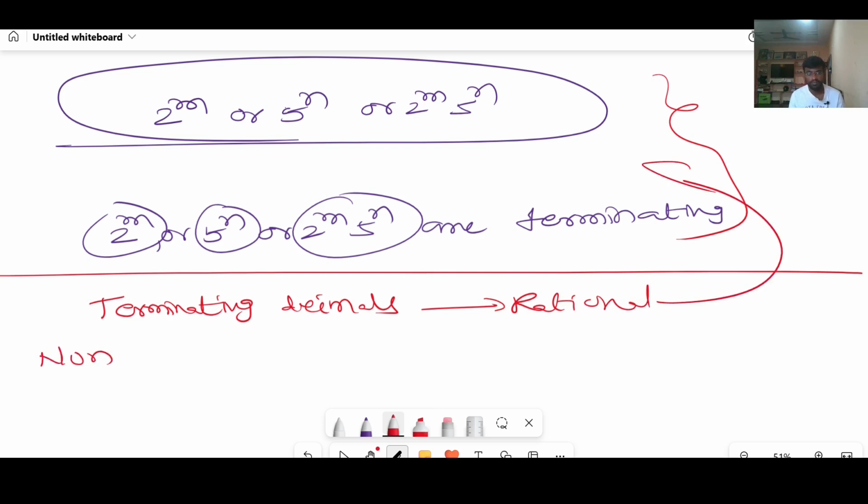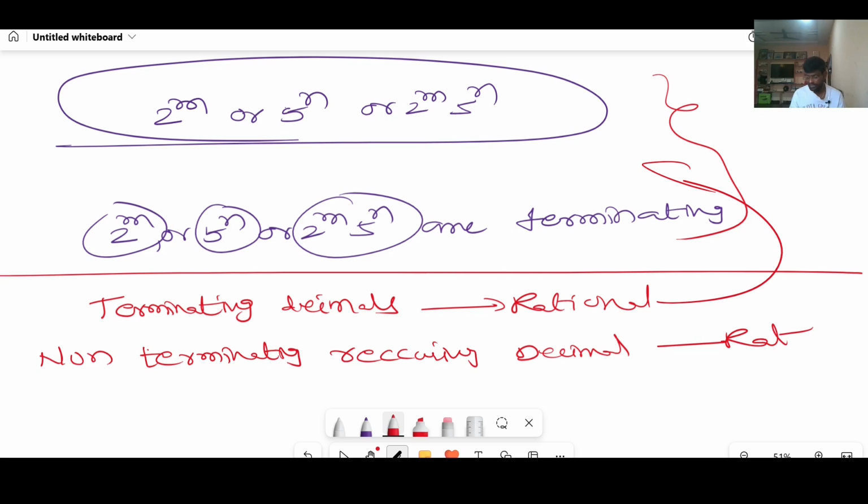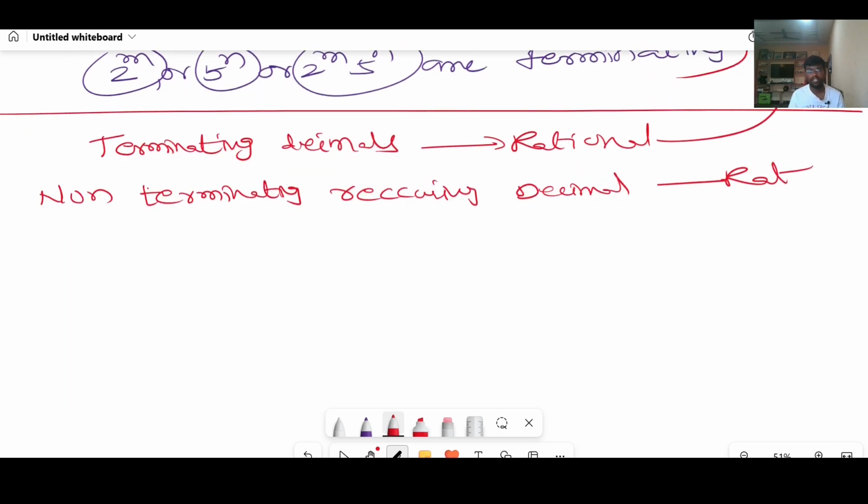And non-terminating recurring decimals are also rational, right? We discussed this at the start of the lesson. That means 0.3333 and so on, 0.5555 and so on. We can write it as 0.3 recurring, we can write it as 0.5 recurring, right?